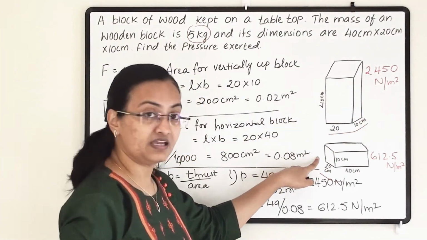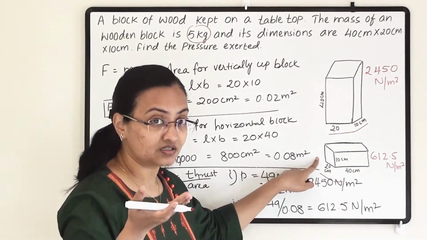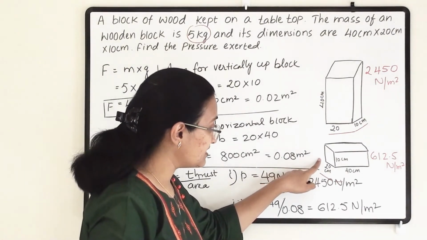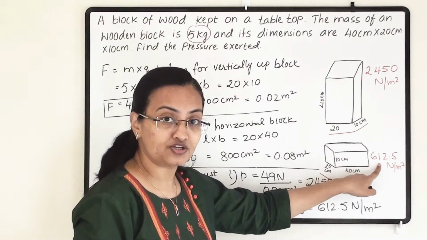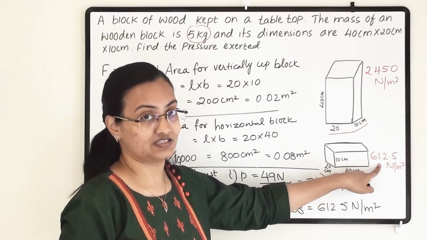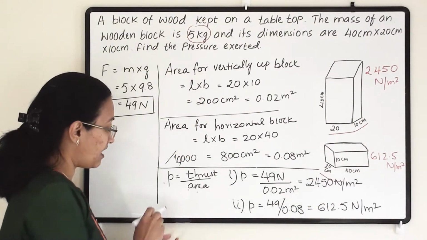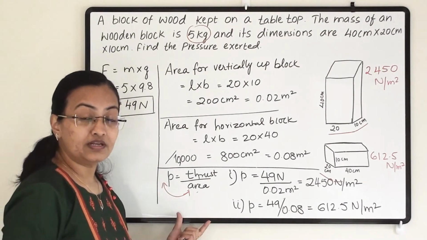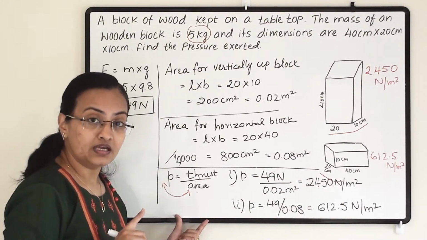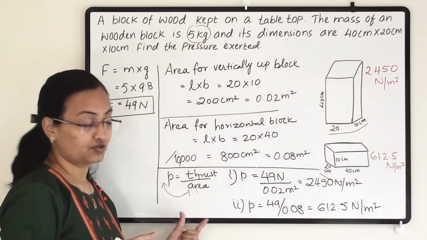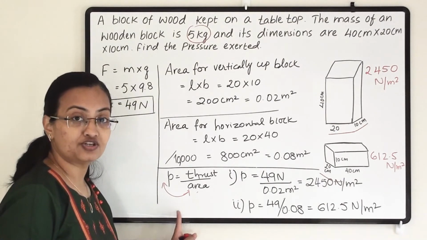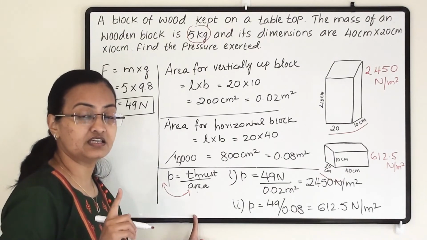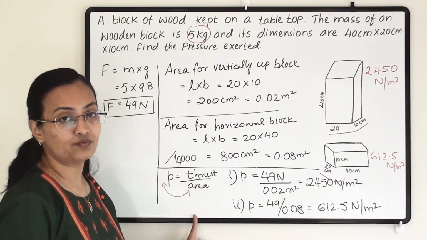Whereas when we keep it horizontally, the area is more, so the pressure on the tabletop is less. So pressure and area are inversely proportional to each other. One will increase and the other will decrease. That is the relationship between pressure and area. If area is increasing, the pressure will be decreasing, and vice versa.